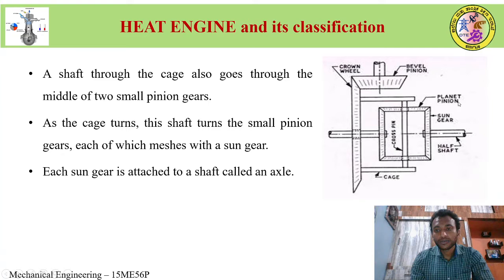If you look at this, these are the pinion gears, placed horizontally on the opposite sides in the sketch. As the cage turns, this shaft turns the small pinion gears. They are attached to the sun gears. Each sun gear is attached to the shaft called an axle. The axle will be connected to the left wheel as well as the right wheel.